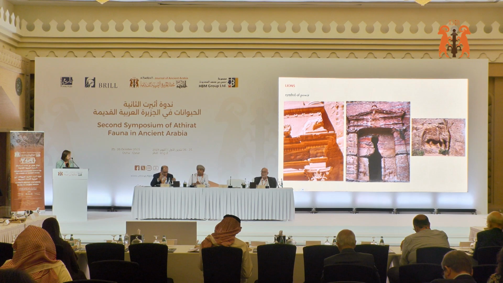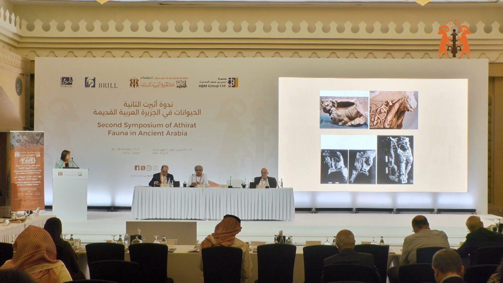We see also in Wadi Farisa in Petra a lion that served as a water fountain. Also, it is very unique to see column capitals adorned with winged lions at the Temple of the Winged Lions in Petra as well.